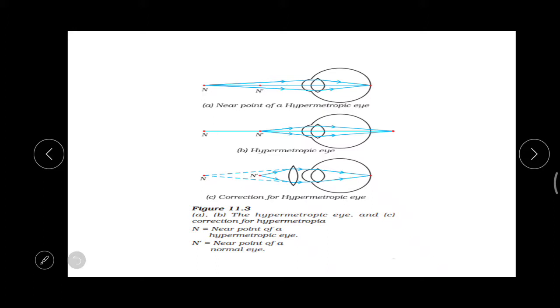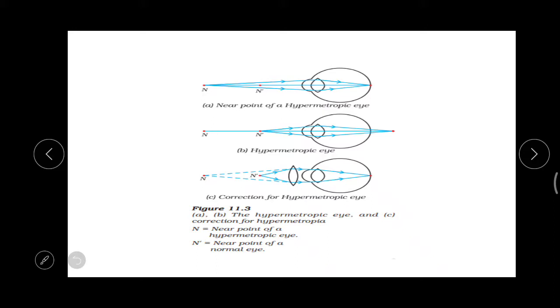So if a person with hypermetropia wants to read some newspaper or paper, he has to keep the paper or newspaper 30 or 35 centimeters away from his eye, isn't it? For a healthy person it was 25, but for a hypermetropic person, it will be shifted away from that near point.